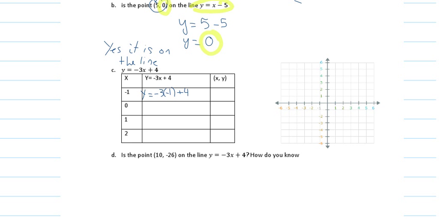That's exactly correct. So you have -3 multiplied by -1. That gives you +3. And then you're adding 4. So what does that give you? 7. So my point here is (-1, 7). Yeah? Because your x value is -1.